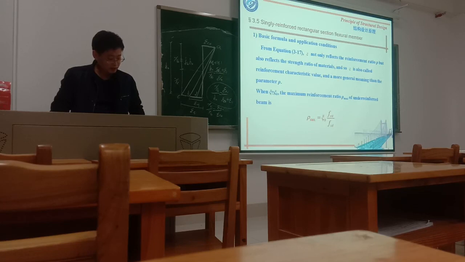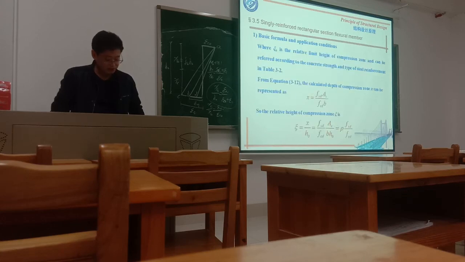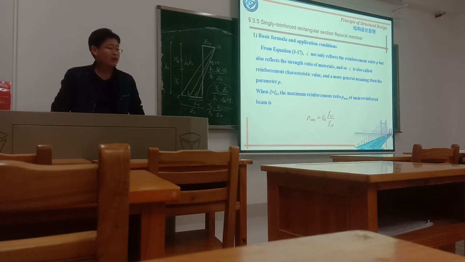When ξ equals ξb, we get the maximum reinforcement ratio, rho max, for the appropriate reinforcement beam. From this we can calculate the reinforcement ratio, because ξb you can find from the code, and fcd and fsd can also be found in the code as the material strengths.